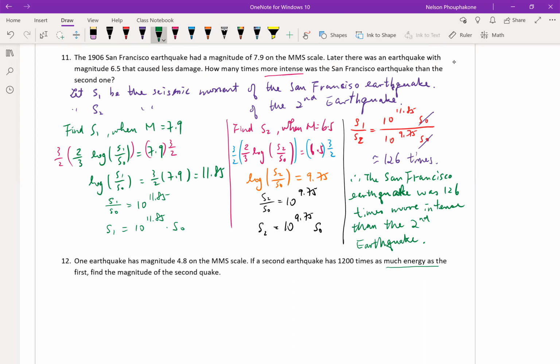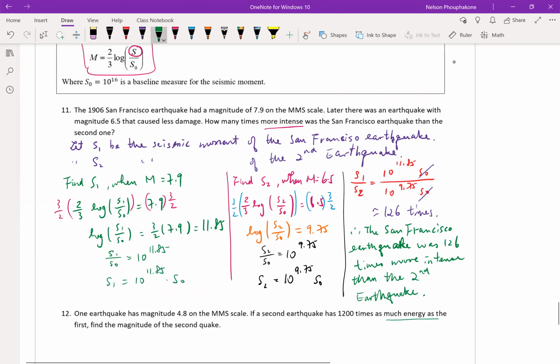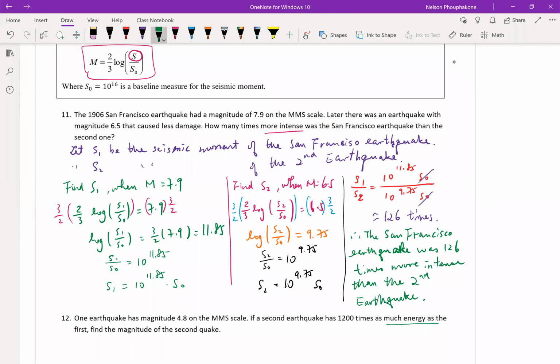Now the hint that I gave to you is that in order to find the magnitude, S is the one that we need to find, okay? If we know S, then we will be able to find the magnitude. So therefore, the idea for this one right here is, I would like to find out what is the S value when the magnitude is 4.8, okay?